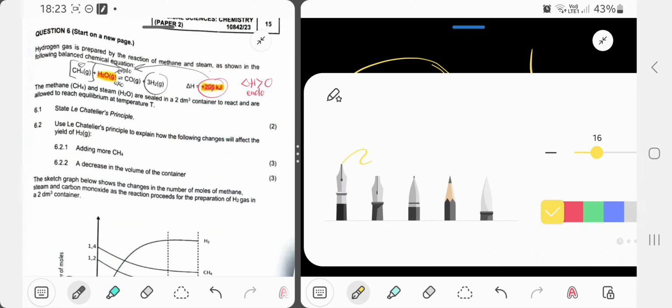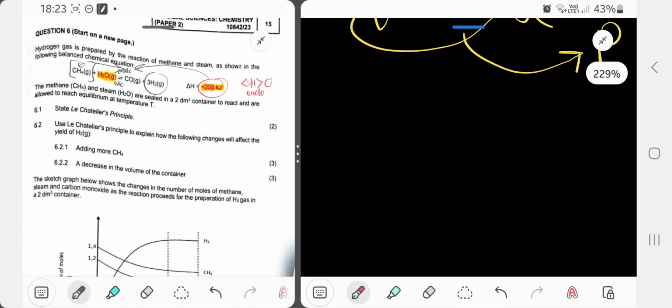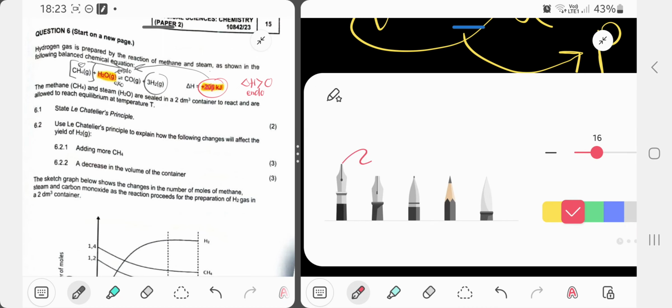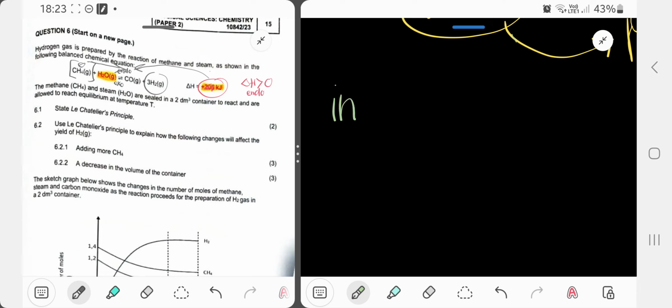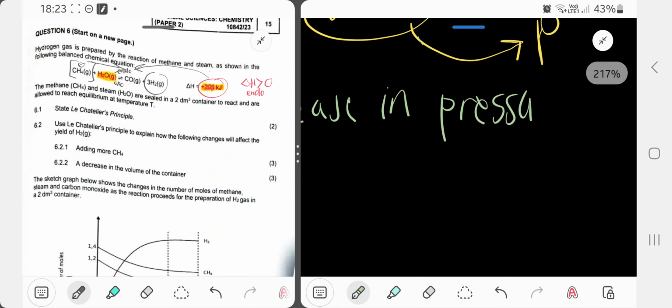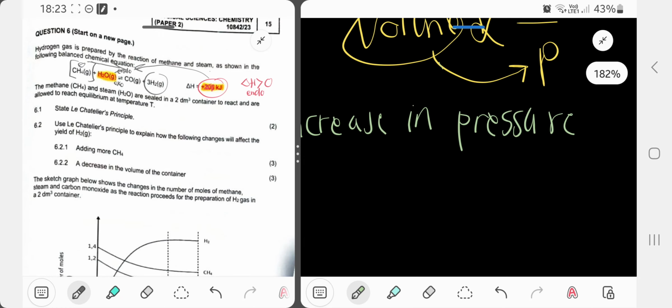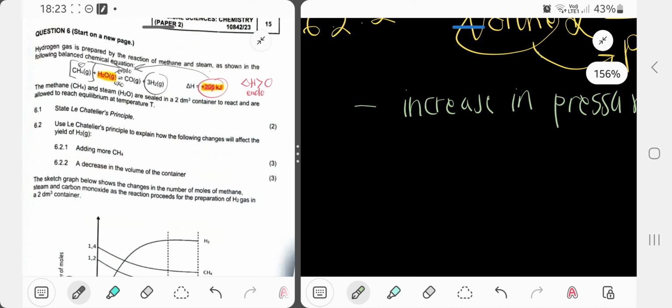What this means is that, in essence, what the examiner is telling us here is that there is an increase in pressure. So that is the disturbance that is caused. Now how will we try to bring back the equilibrium according to LCP?